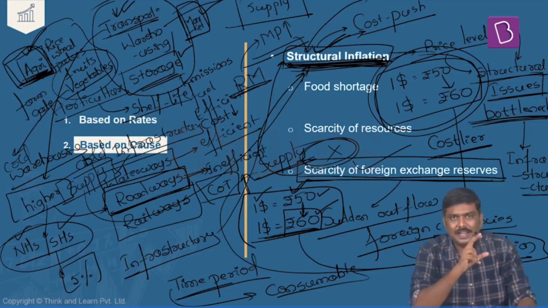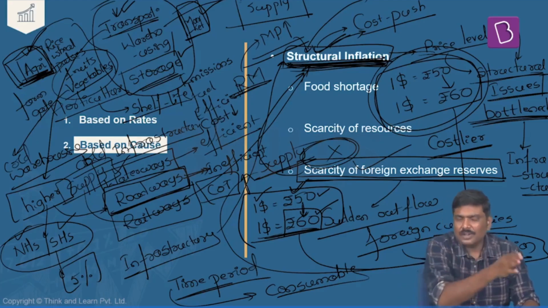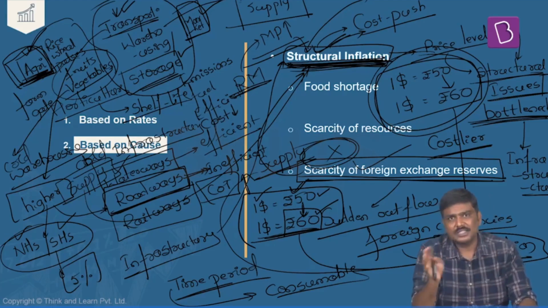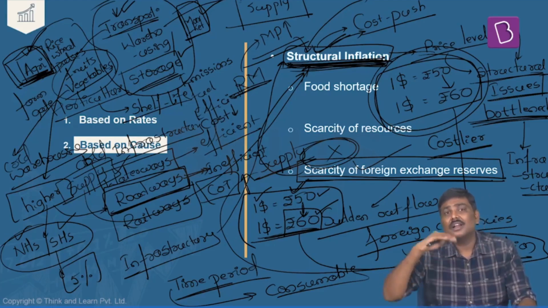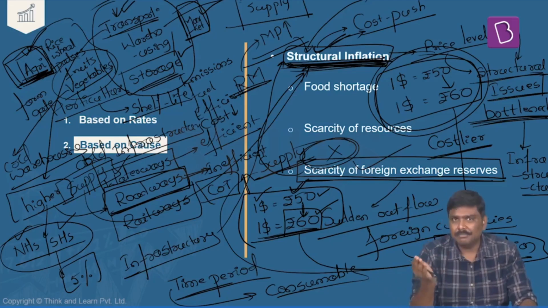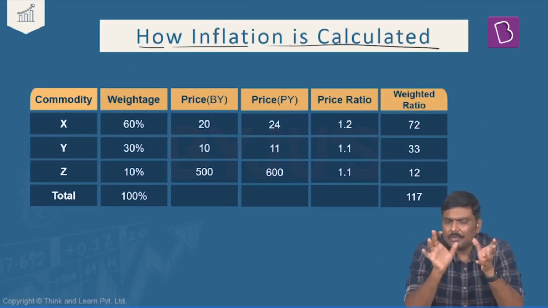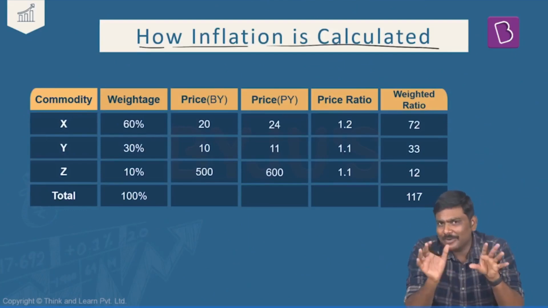Done? So these are the causes. Based on the rate of inflation, we have discussed one classification, and based on the causes, we have discussed another classification of inflation. Please be very careful with respect to the latter part, that is, the causes of inflation. Now, although I'll tell you how the inflation rate is calculated, my recommendation is please do not mug up the calculation.